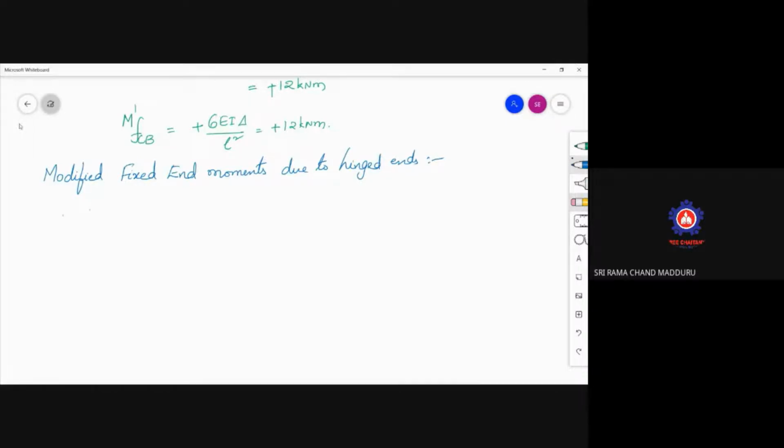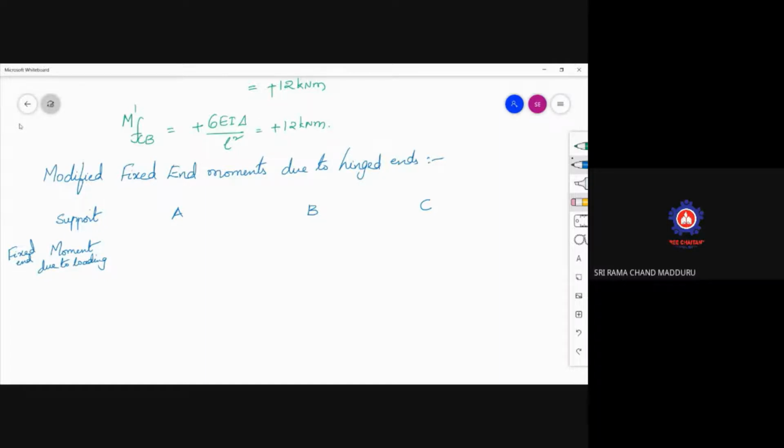Your supports are nothing but A, B, C. Fixed end moment due to loading. Due to loading means your member is subjected to loading.